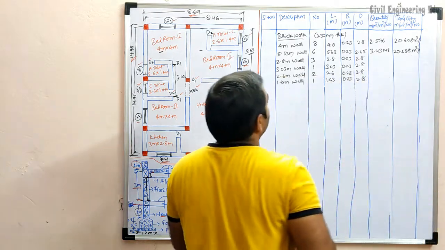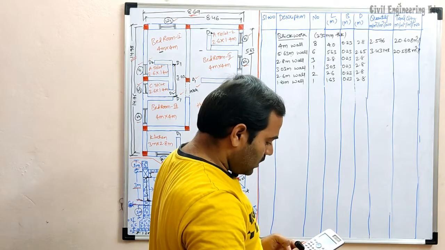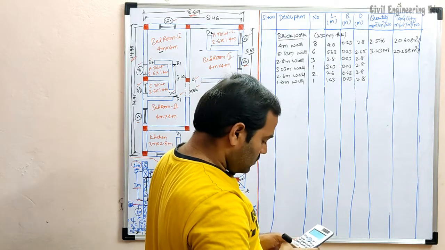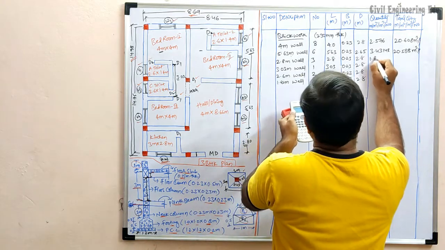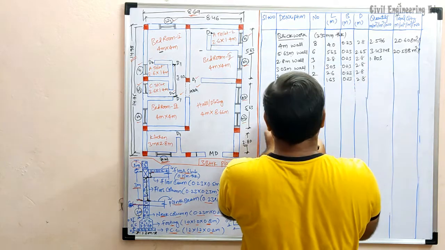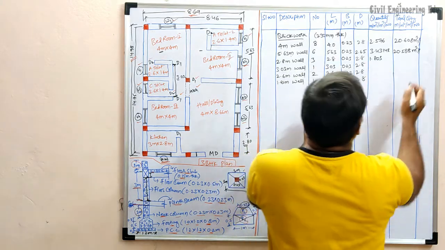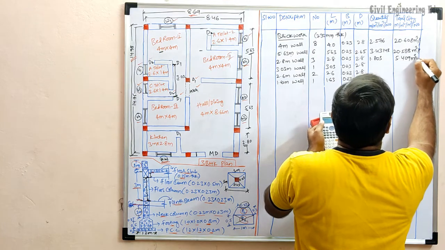meter cube. Next one is 2.8 meter wall into 0.23 into 2.8. So 1.803 meter cube multiplied by 3 numbers, 5.409 meter cube.